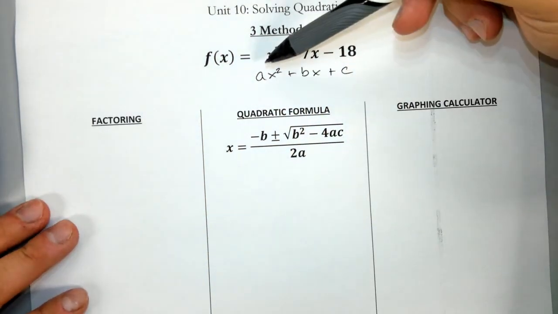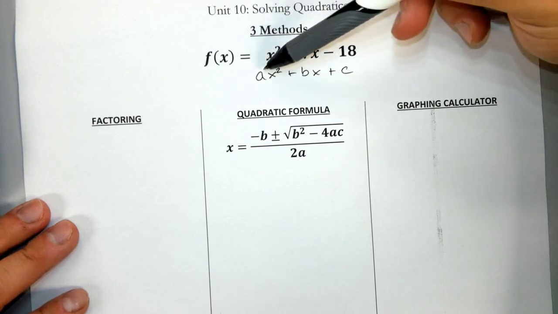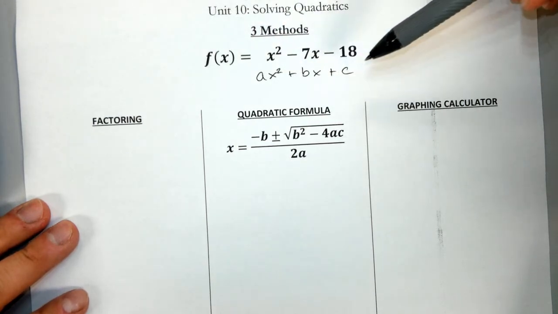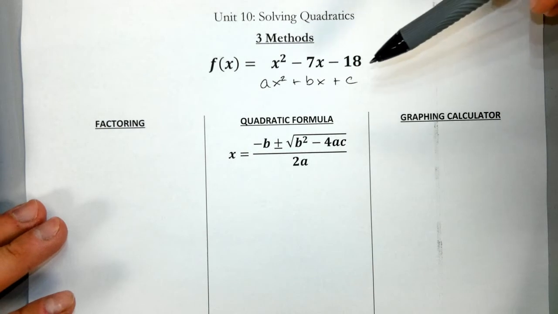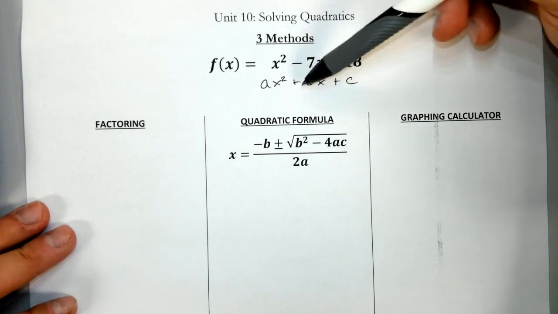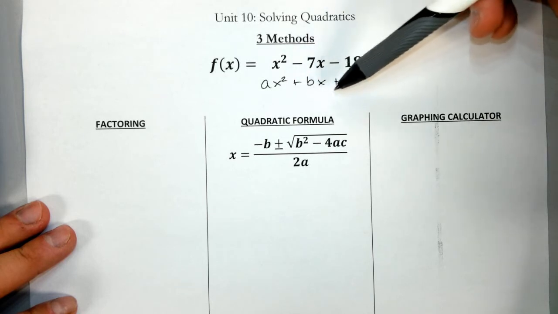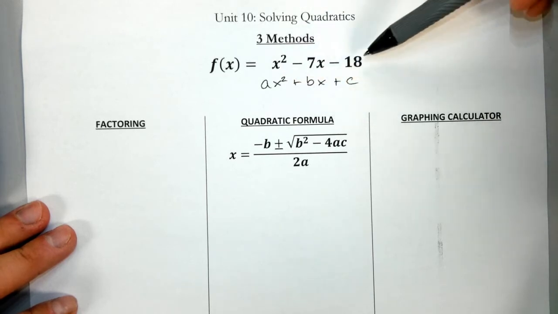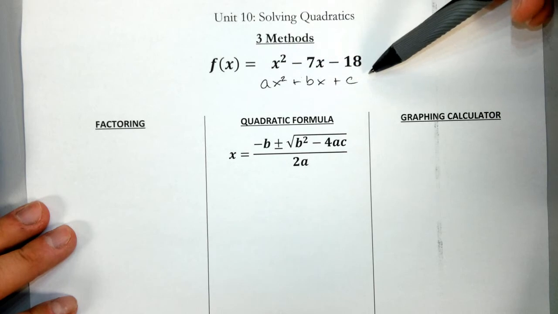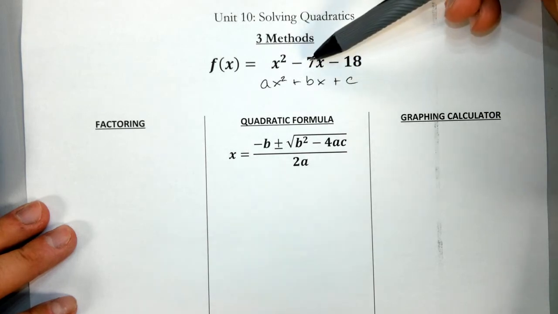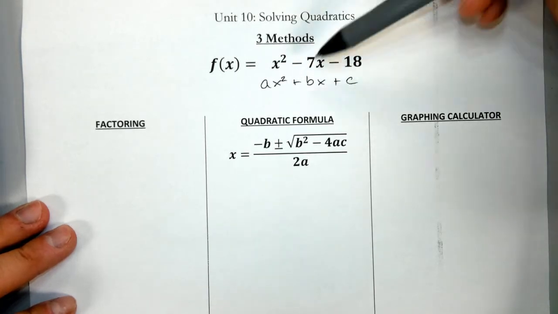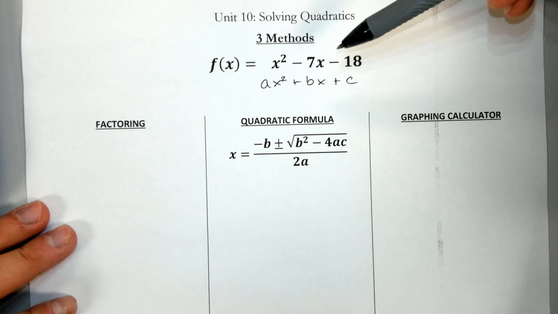Obviously, when you're doing a real problem, the a, the b, and the c will be replaced with actual numbers. And these pluses could be minuses as well. They could be both minuses, or a combination of a plus and a subtraction sign. But this is how they generally write it. As you can see, our problem has two subtraction signs. That's okay. This still qualifies as a quadratic equation.